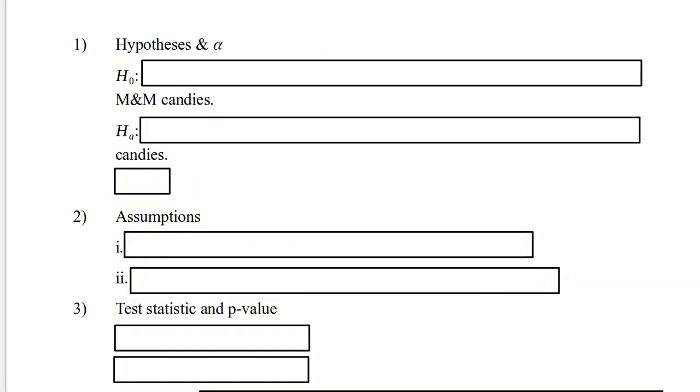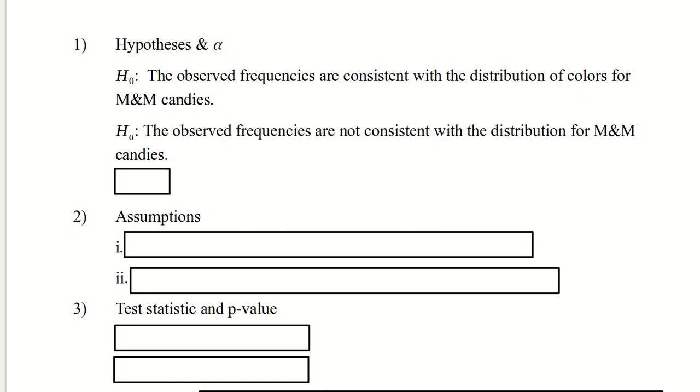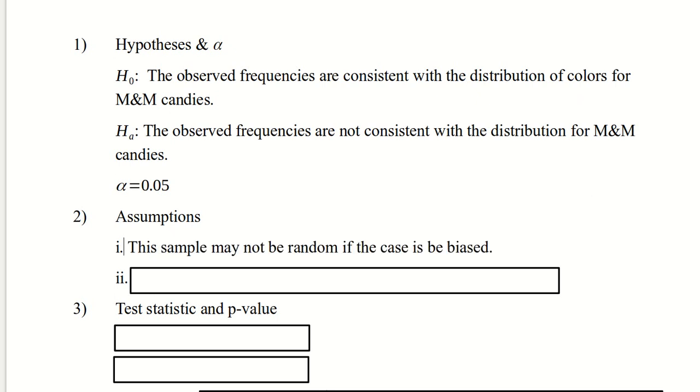So we're doing a hypothesis test. The null hypothesis is that the frequencies are consistent with the colors that we were told by Mars Corporation. The alternative hypothesis is that they are not consistent. Our level of significance alpha is 5%. Our first assumption is that the sample is random, but we're not told that this sample is random.